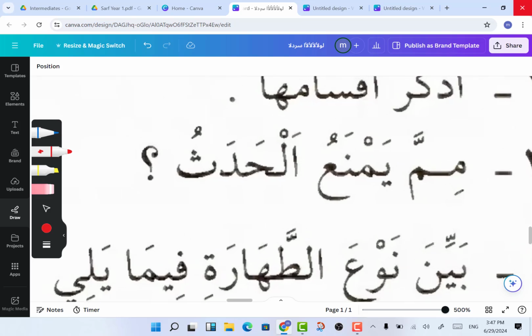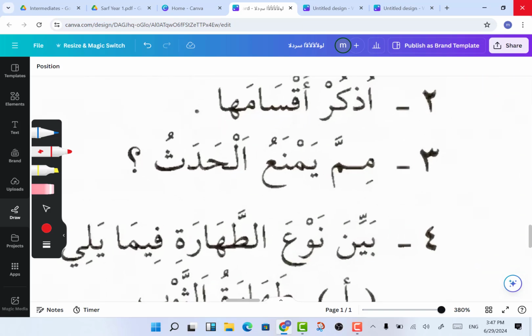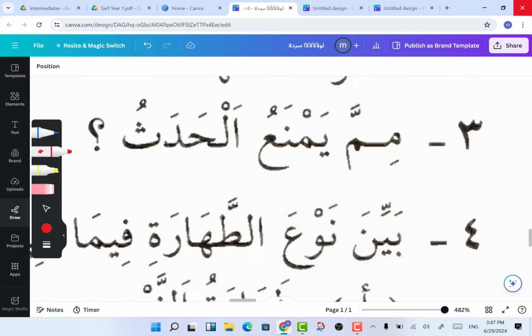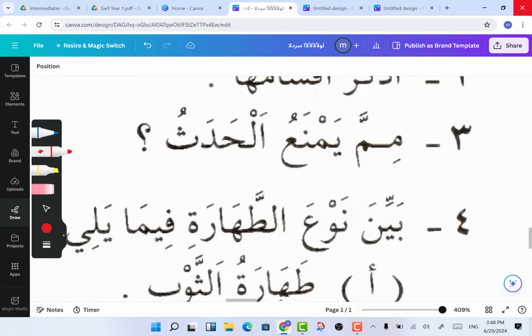We deprive you away from what? From worship. Yamna'u al-hadath min ba'd al-ibadat. So there are some ibadat you cannot do. So you can mention them from what the author had given us based on what you have learned in our previous class. Yamna'u al-hadathu as-salah wa masul mus'af wa as-siyam wa tawaf.